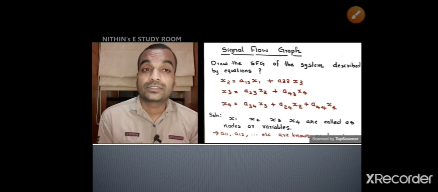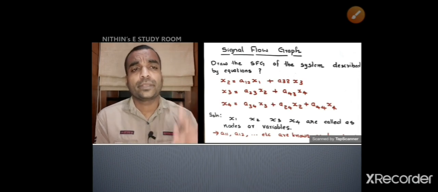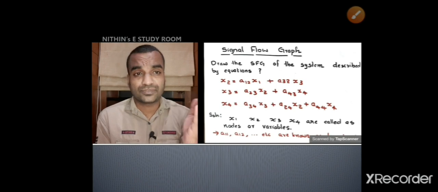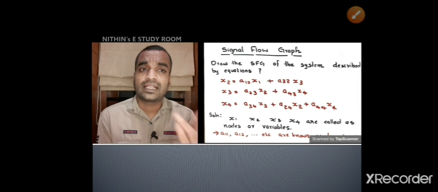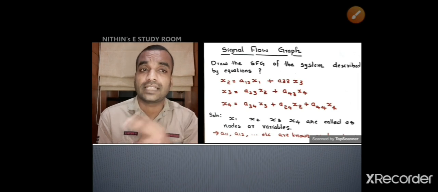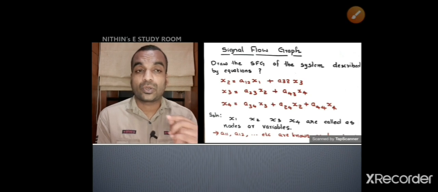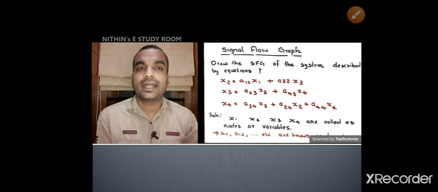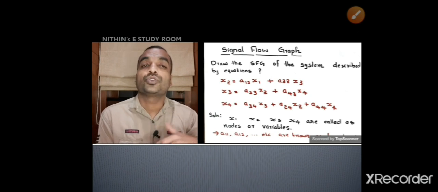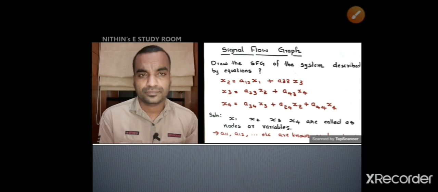So x4 not only depends on x3 but it also depends on x2. x4's previous stage is x3 and it also depends on the earlier stage, that is x2. So we have to draw a line from x2 to x4, and the arrow mark should be from 2 to 4, and the gain of that path is a24.